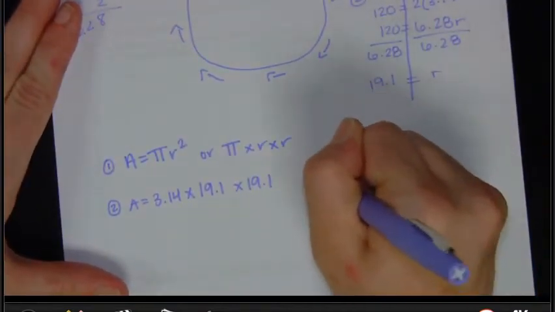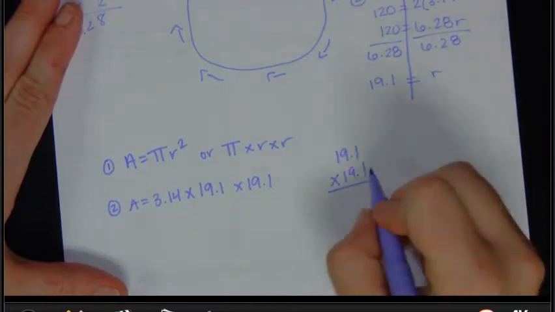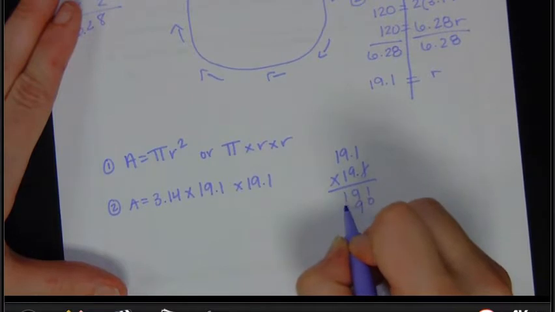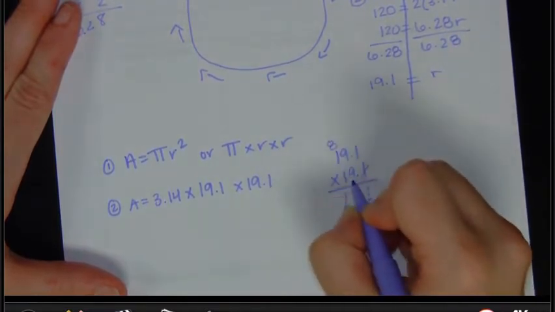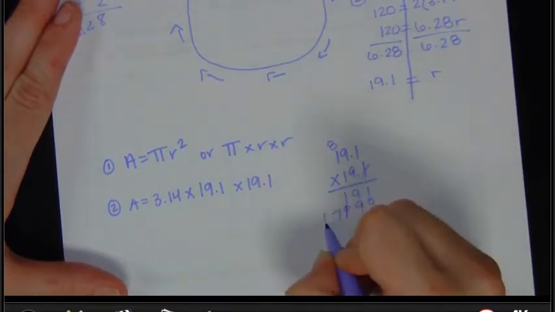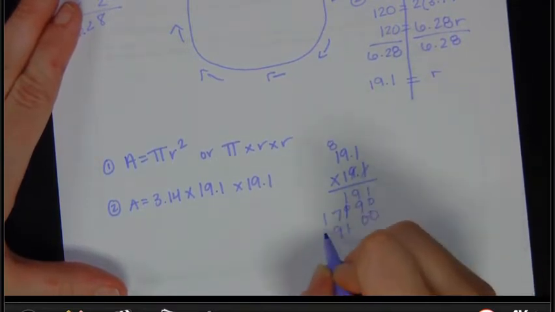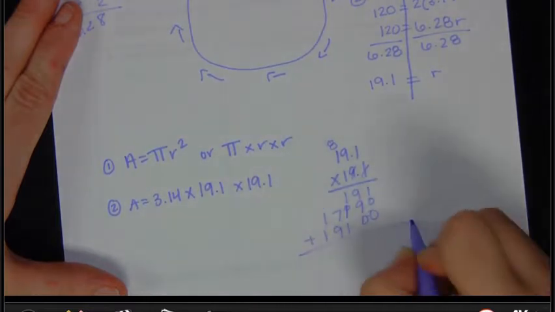So 19.1 times 19.1. 191, placeholder, 9 times 191, and add them up.